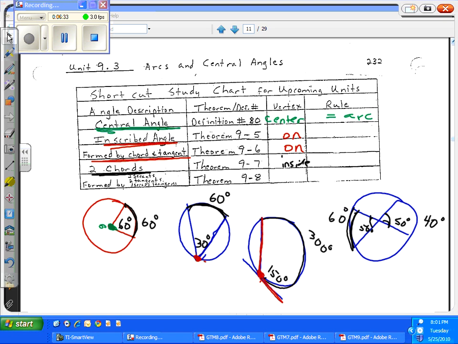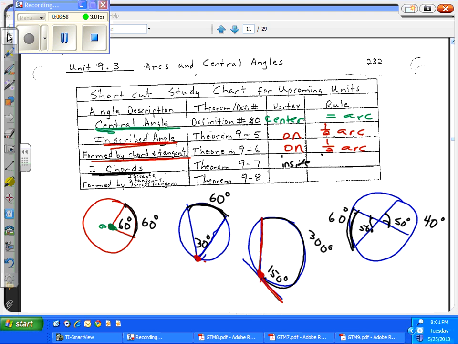So if the vertex is the center, the angle is equal to the arc. If the vertex is on the circle, then the angle is 1/2 the arc.